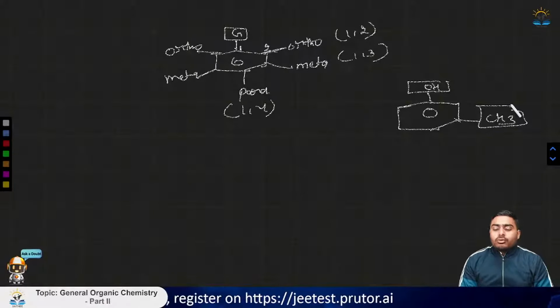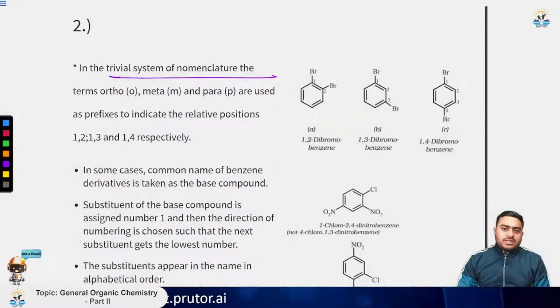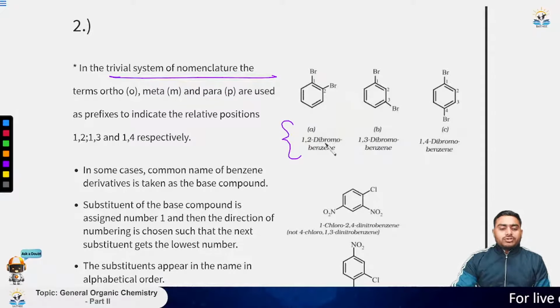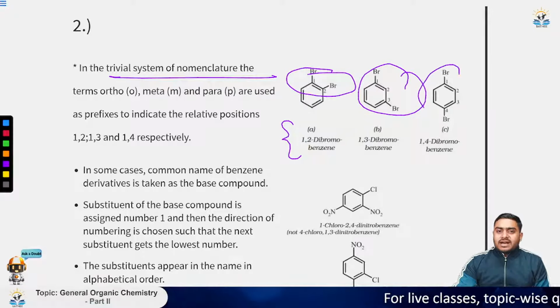So with respect to the OH group, CH3 is at the meta position of phenol. That's the point here. I hope you are very much clear about ortho, para and meta. Similarly, you can use numbering like 1,2-dibromobenzene, or also ortho-dibromobenzene. Similarly, 1,3-dibromobenzene or meta-dibromobenzene, or para-dibromobenzene, like this.